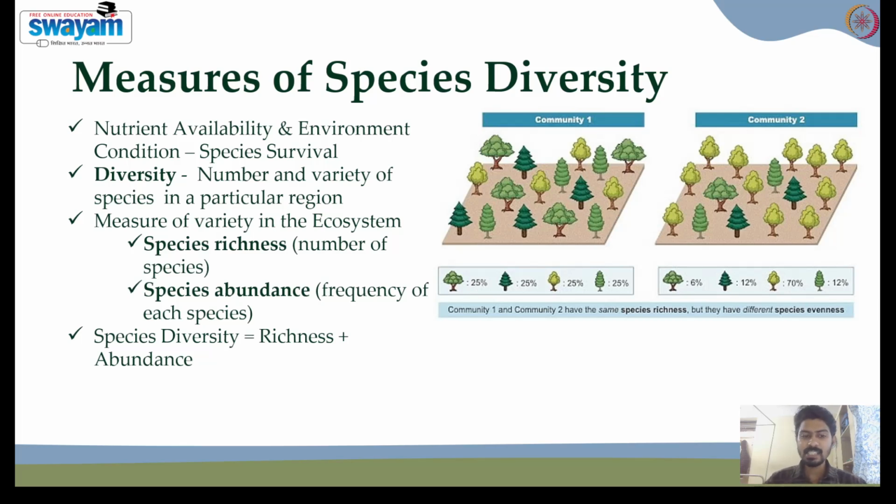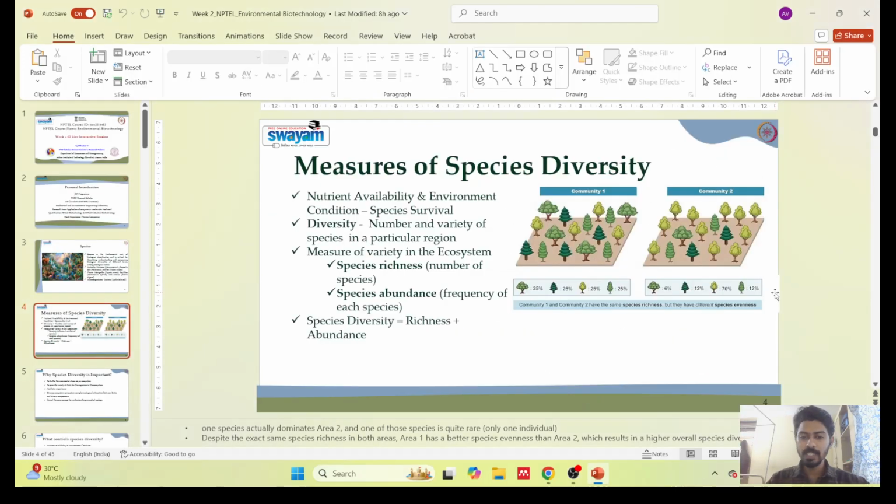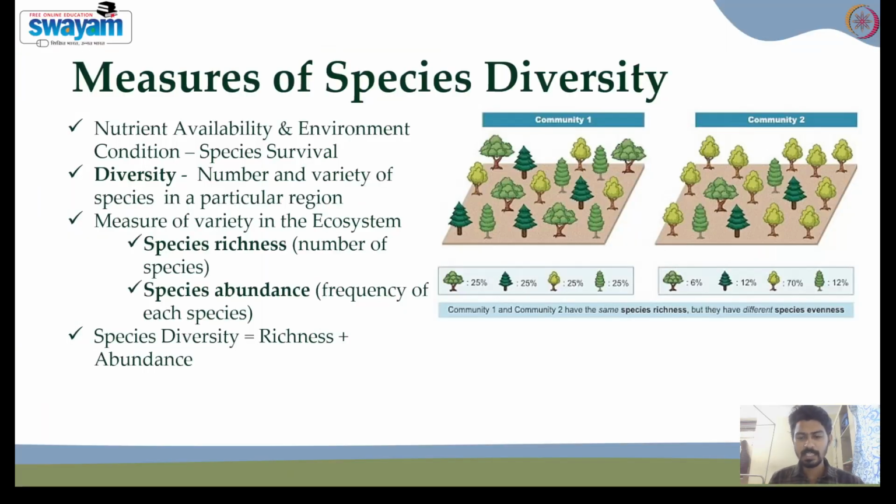So there is a difference in the abundance of species, whereas the species richness is the same. From these two communities, we understand that community 1 is more diverse because the four different species have been distributed evenly, and it seems to be a balanced ecosystem.